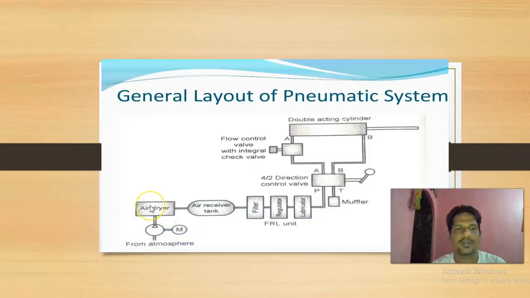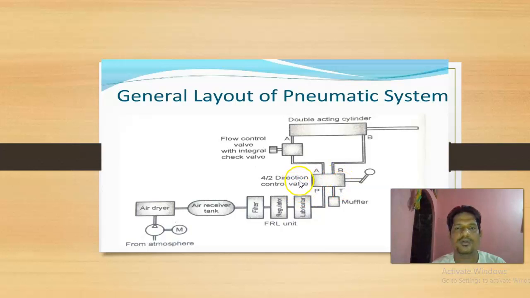So we send it to the air dryer, filter, regulator, and lubricator system, because the air depends on the seasonal air. So we need to provide this filter, regulator, and lubricator to avoid dust particles and remove moisture. Based on that, we provide the FRL unit in a pneumatic system.